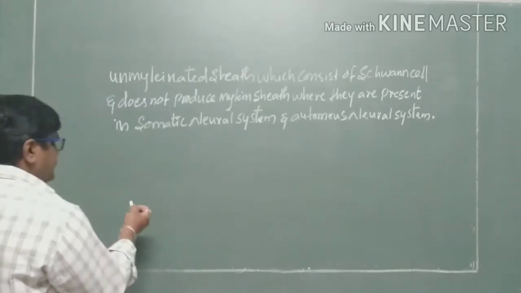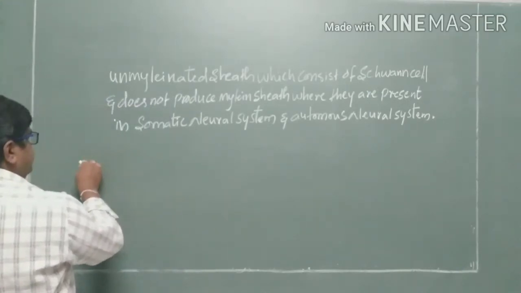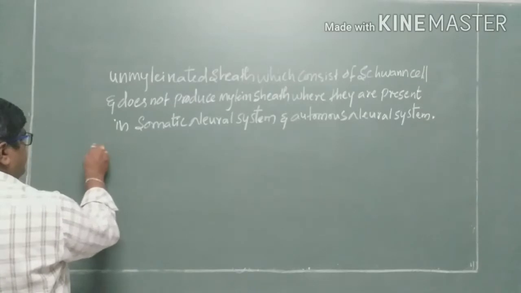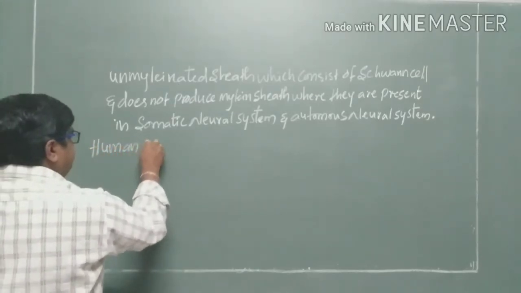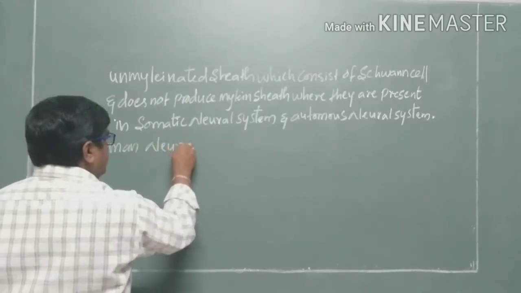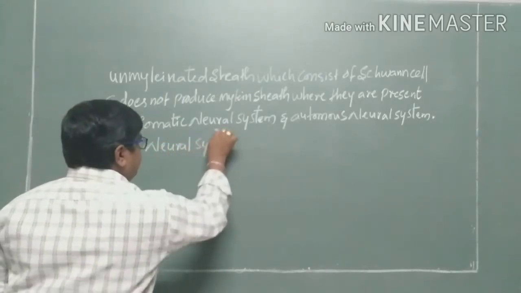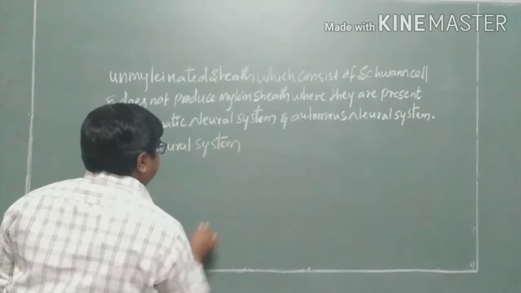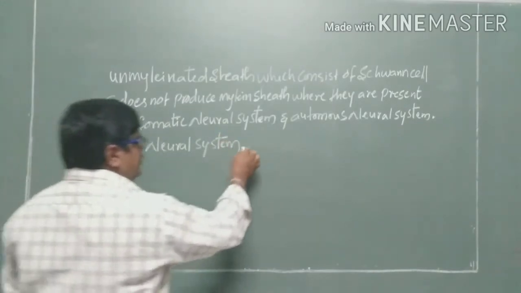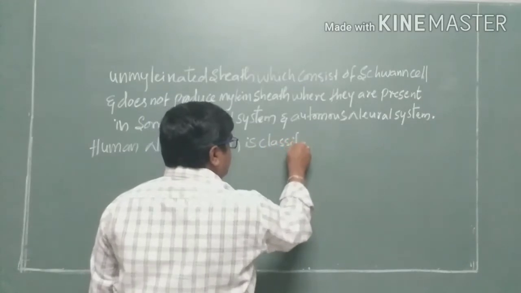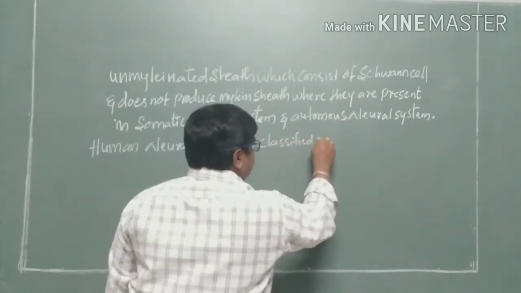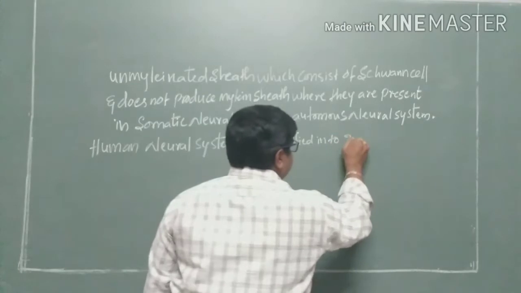Now, coming to a brief account of the classification. The human neural system is classified into two types.